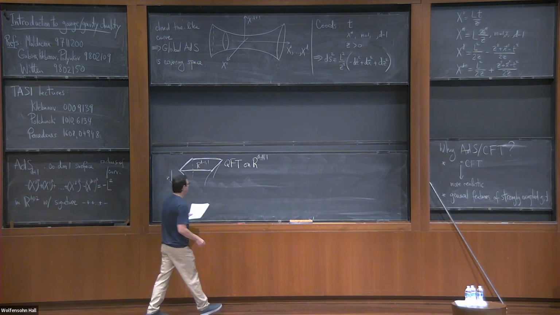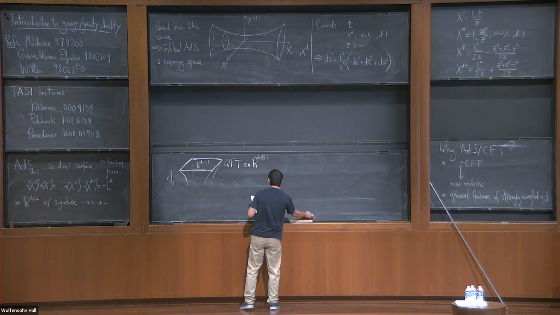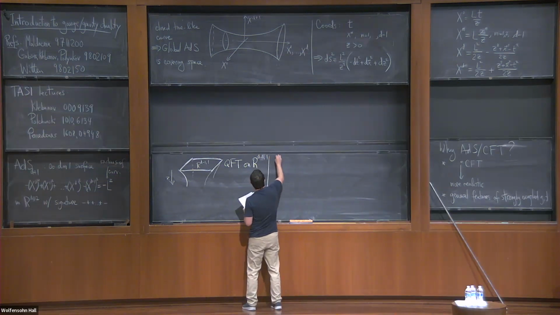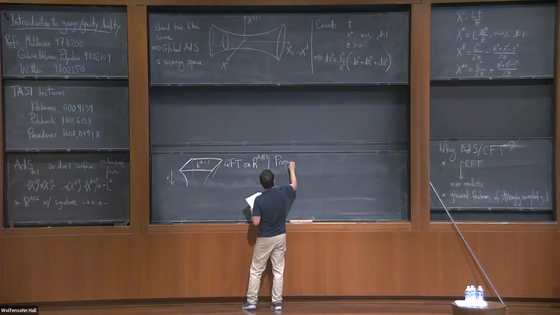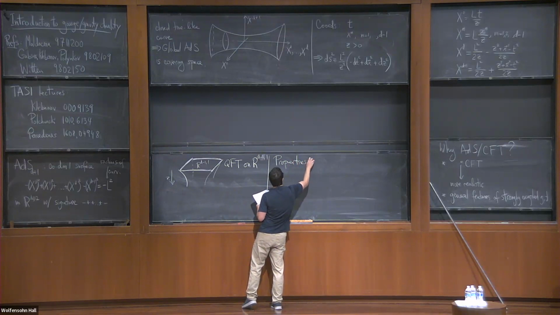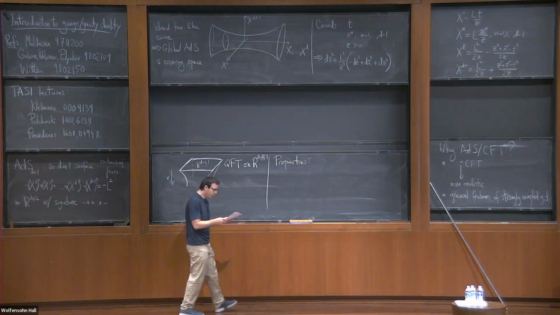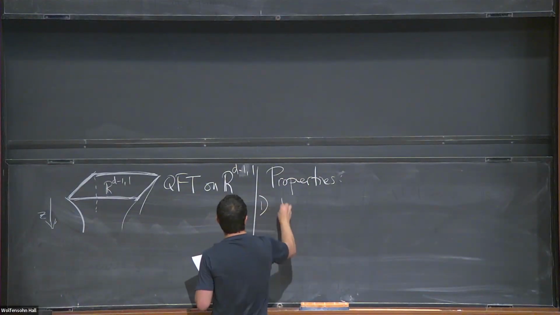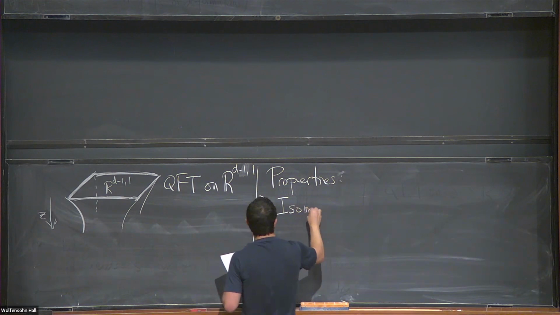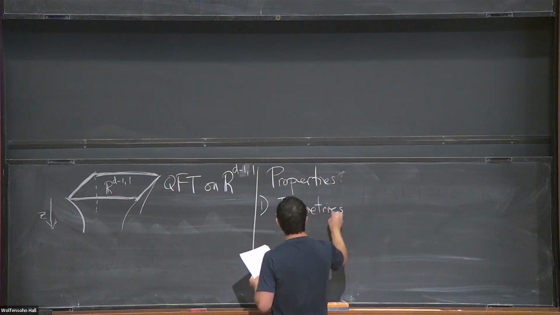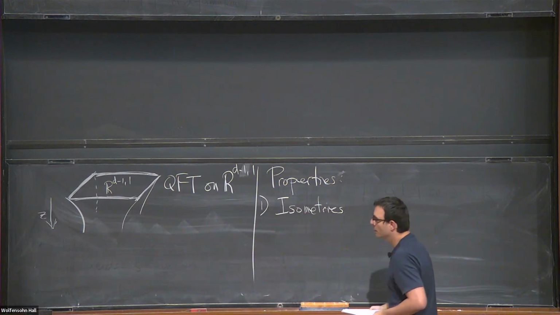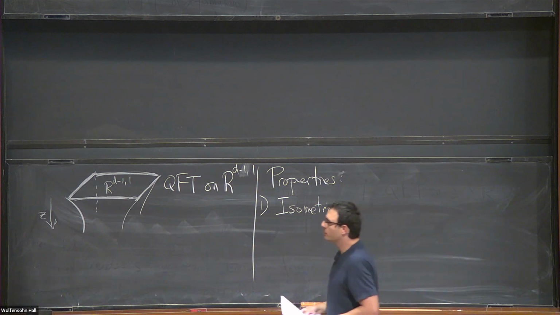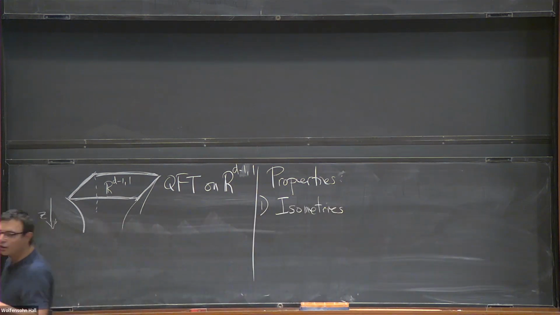Okay. Let me mention some properties, not many, just a few. The first property is that the isometries of AdS space can be seen very clearly from the definition in terms of the hyperboloid embedded in this space.